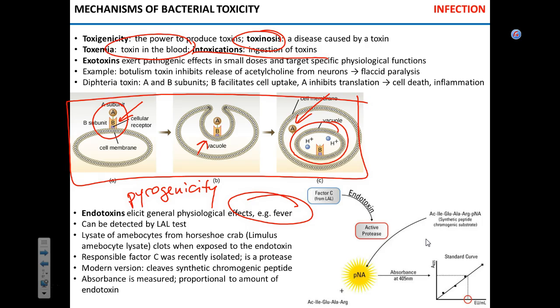Any other ways of administration? Intramuscular, what goes IM? Okay. Vaccines. Okay. So a lot of stuff goes IM.